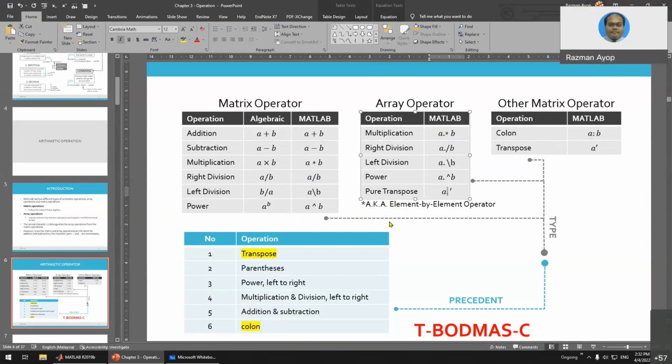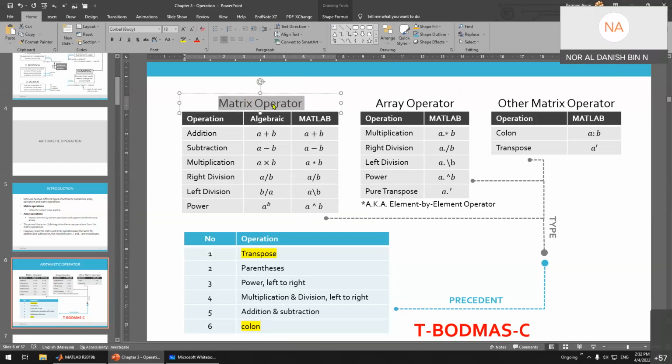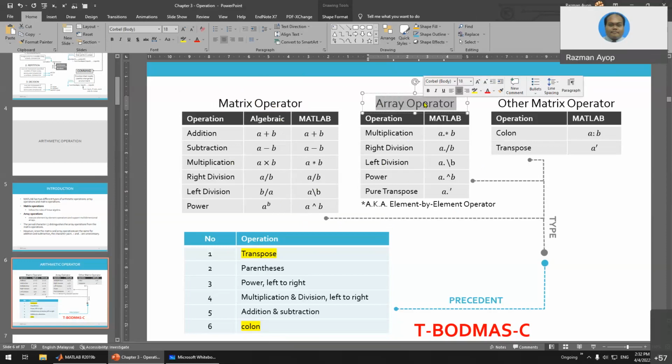For matrix operation, this is basically what you previously learned as matrix operation. If you want to solve any matrix problem, you have to use this operation. But for array operation, usually in coding, for any problem, we usually use array operation.